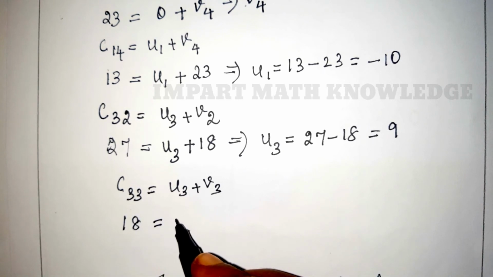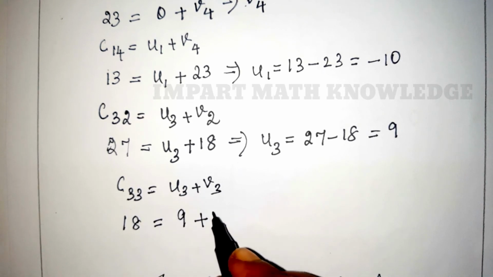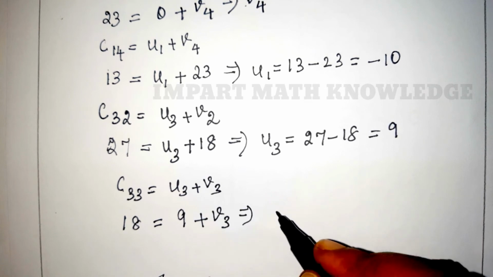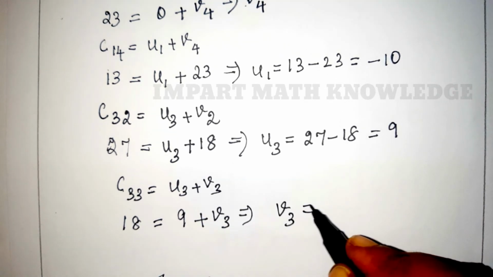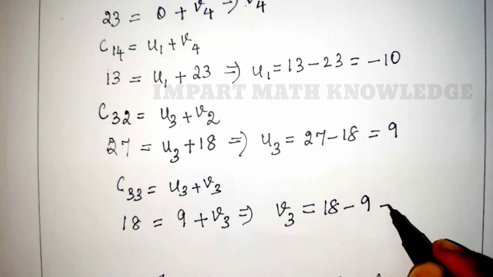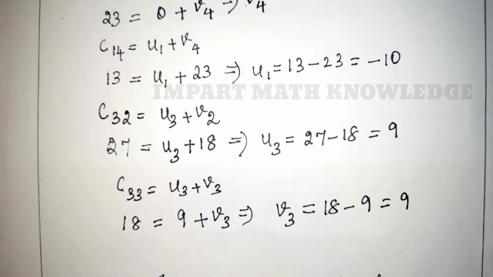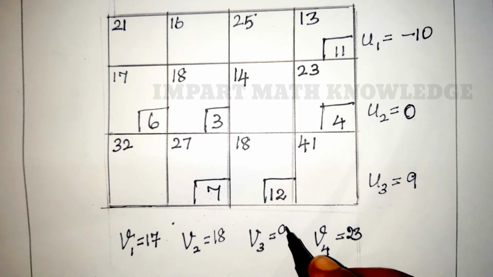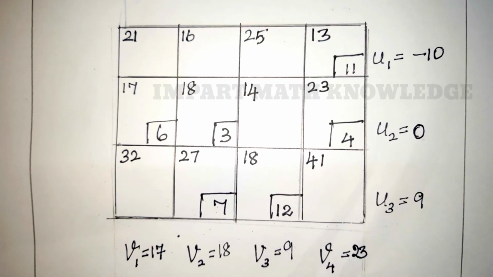U3 value is 9. V3 value we have to find. So from this V3 is equal to 18 minus 9. This is equal to 9. So you put V3 is equal to 9. Modi method step 1 is over.